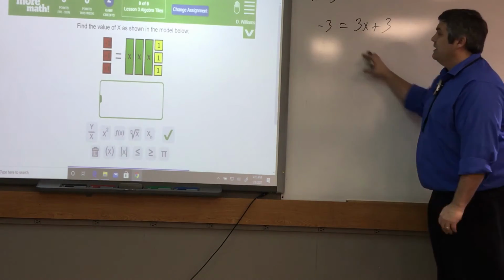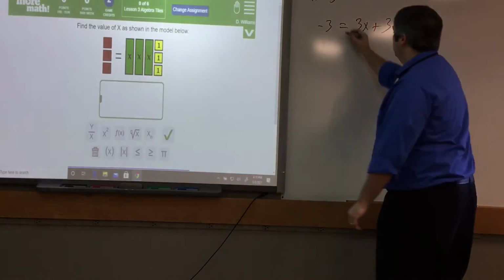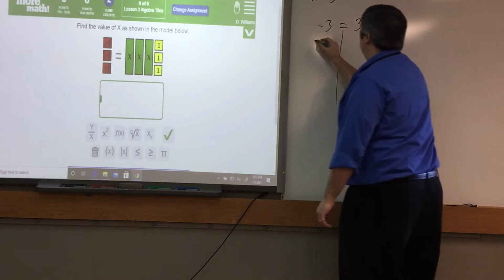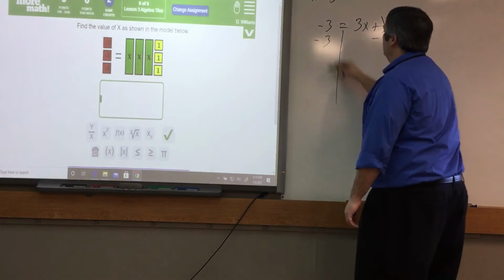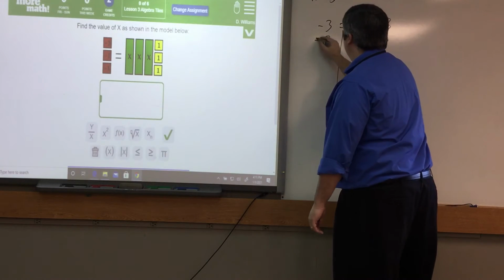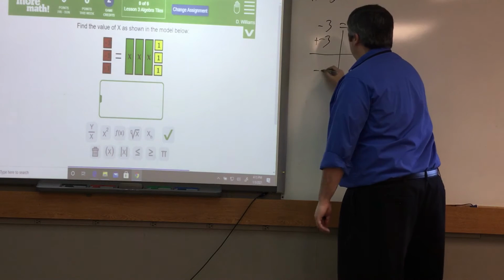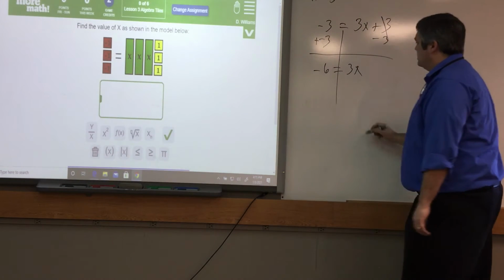Once I have it set up, I'm done looking at those tiles. Now I'm going to solve it. All right, draw my line. Think furthest away, minus 3. Oh, this is a fun one that they gave me right off the bat. Minus 3 plus negative 3, I get negative 6 equals 3x.